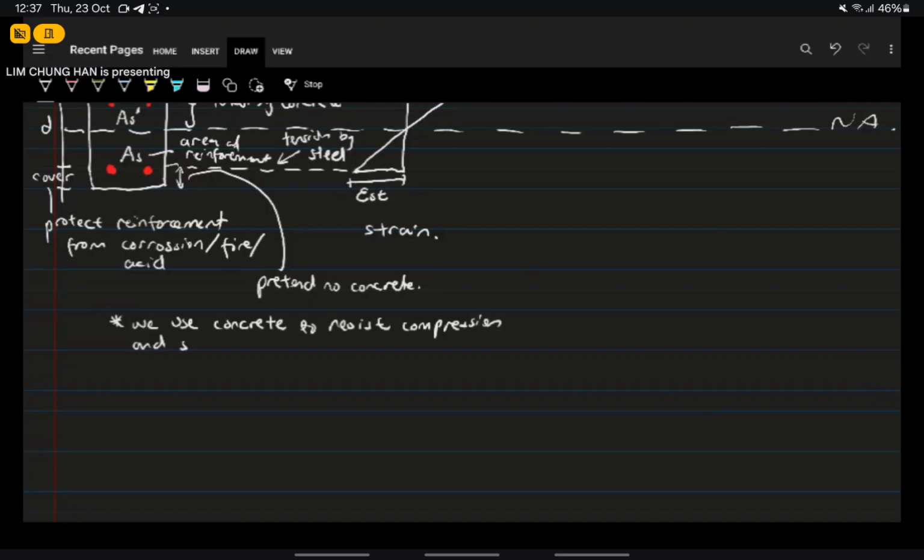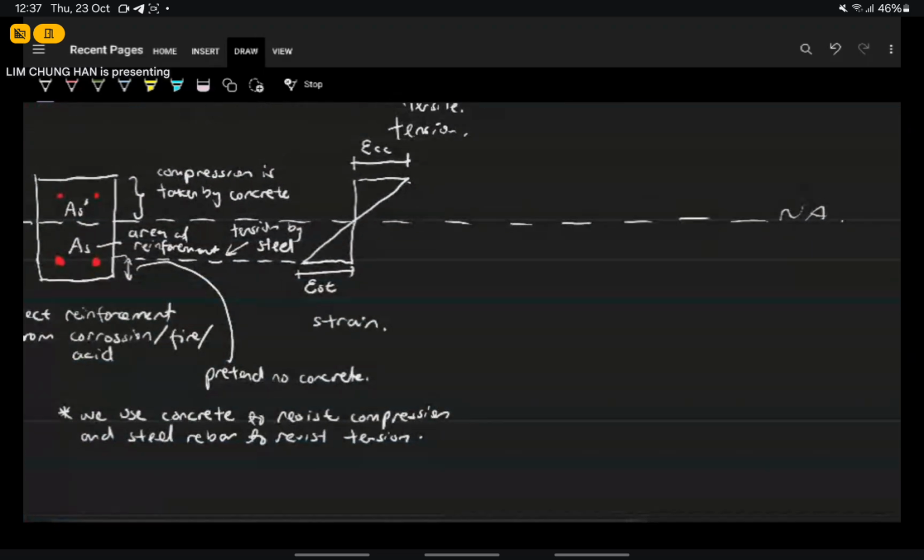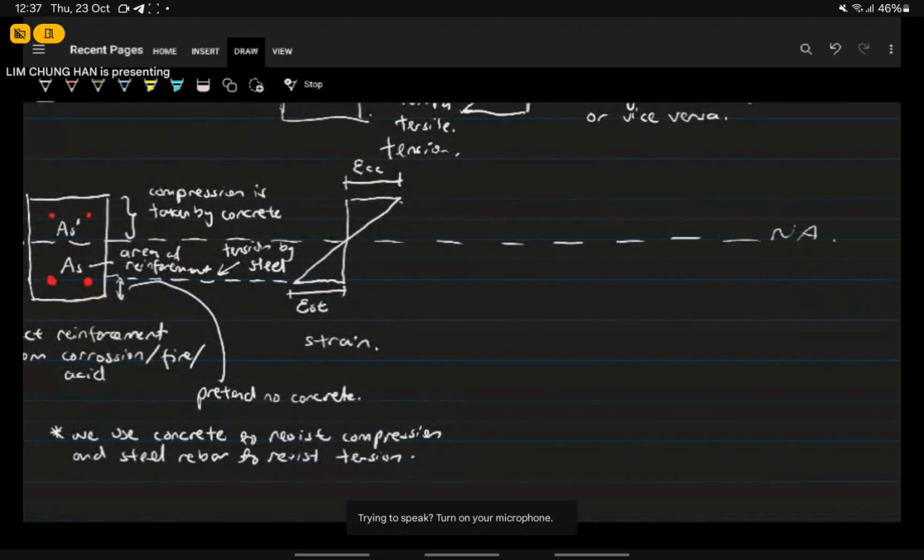And we use the steel reinforcement to resist tension. Okay. So which is why for your strain diagram, at the bottom, I have an S, for steel, T for tension.